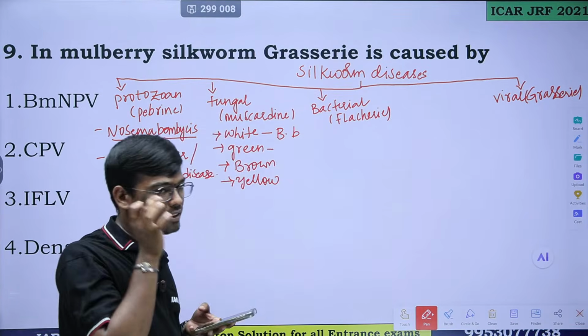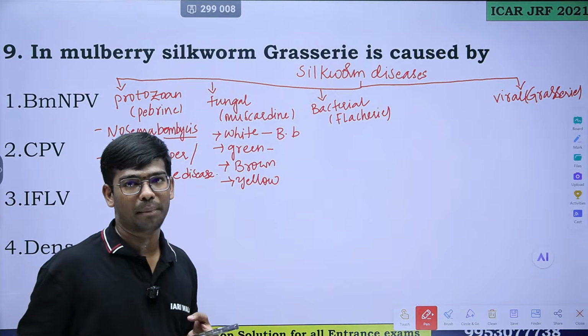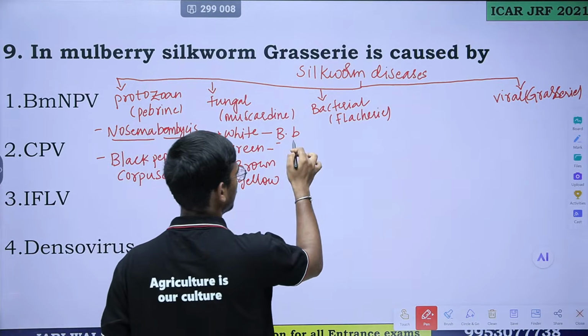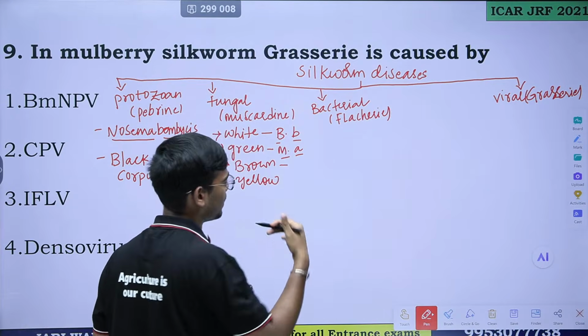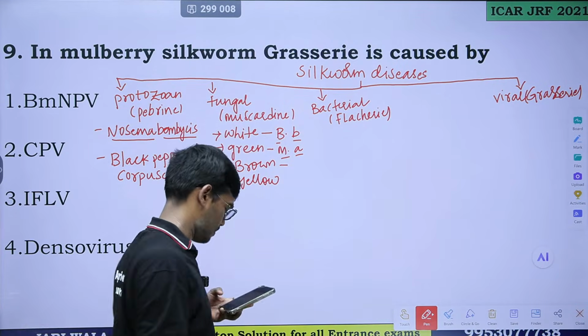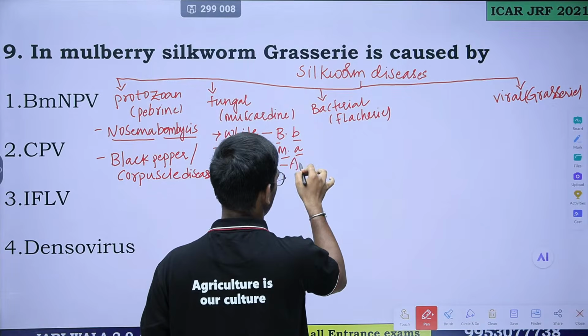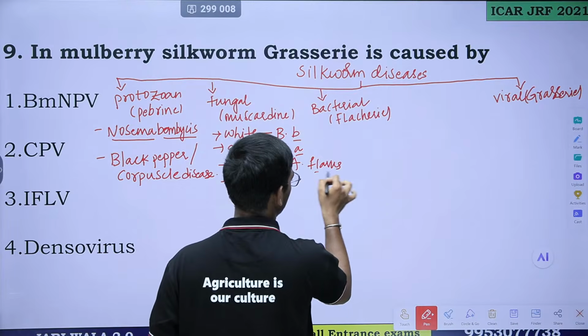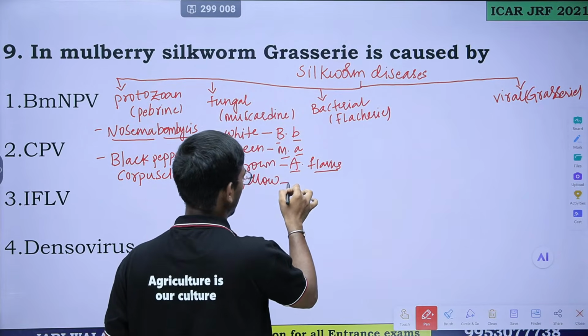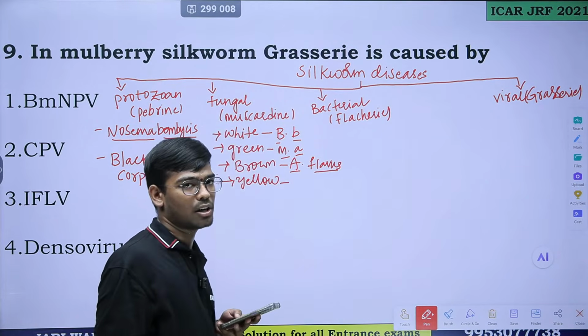Green muscardine fungi is Metarhizium anisopliae. This also we all know. Brown muscardine fungi is Aspergillus, specifically Aspergillus flavus. Then yellow muscardine fungus is Paecilomyces.